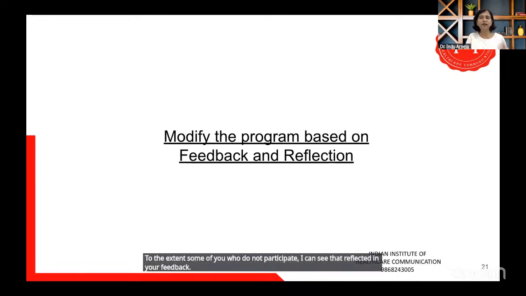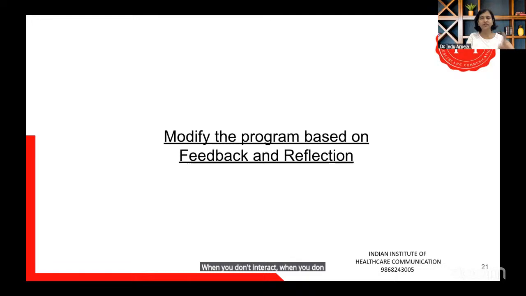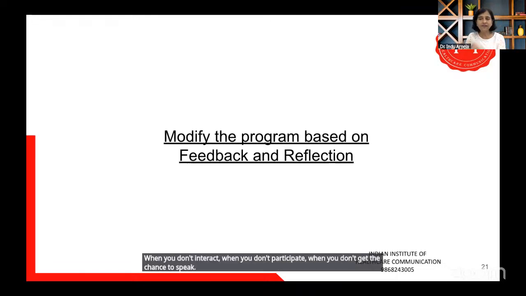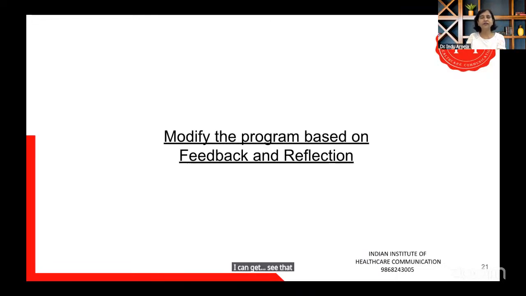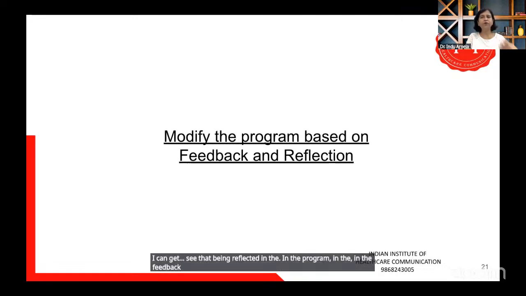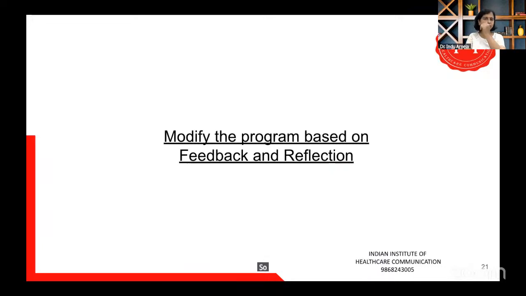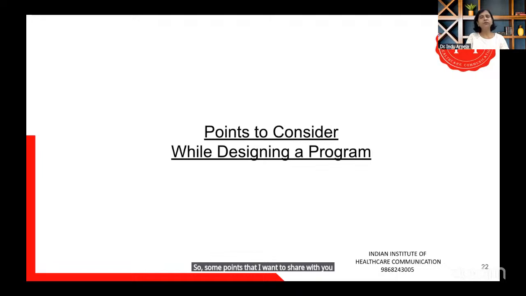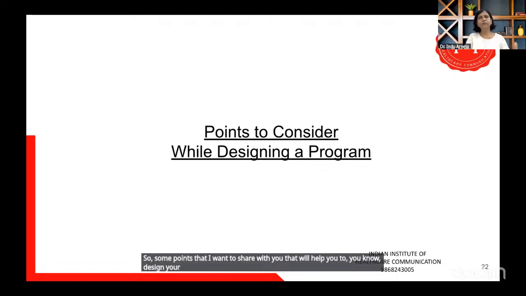When you don't interact, when you don't participate, when you don't get a chance to speak, I can see that being reflected in the feedback. So that's the importance of feedback. Make sure that you take the feedback very, very seriously, reflect on it, and modify your program and session accordingly.